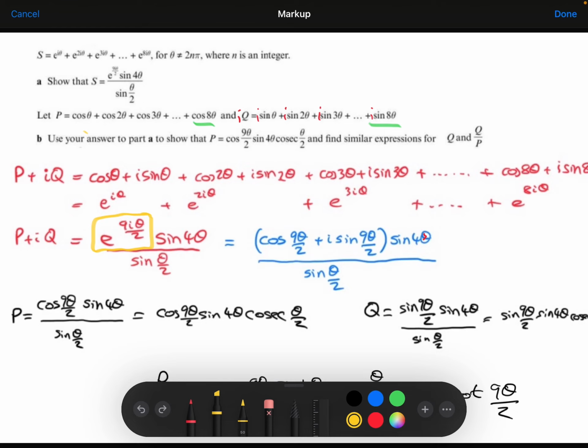And why have I done all of that? Well, comparing here, I can see that P is the real part of this sum. The real part of this sum is cos 9 theta over 2 times sine 4 theta over sine theta over 2.